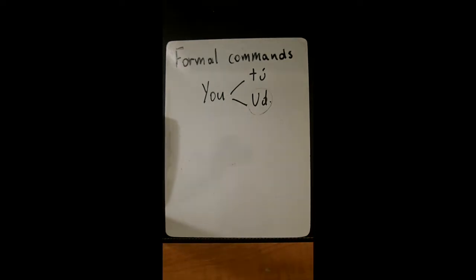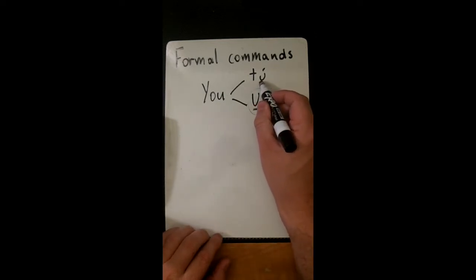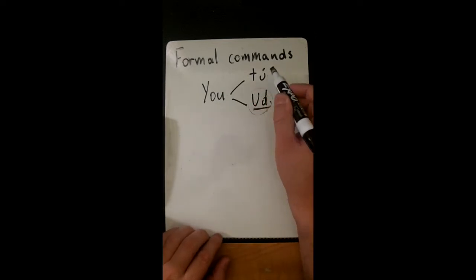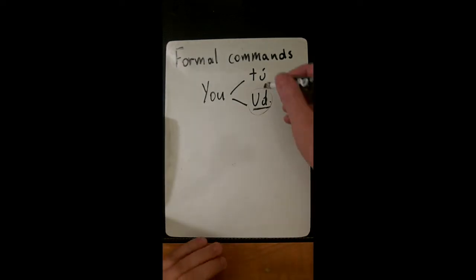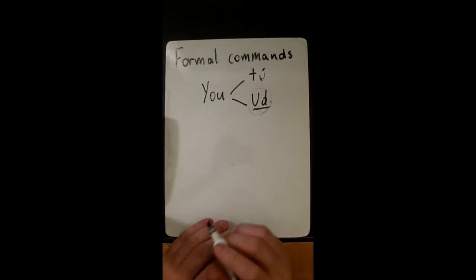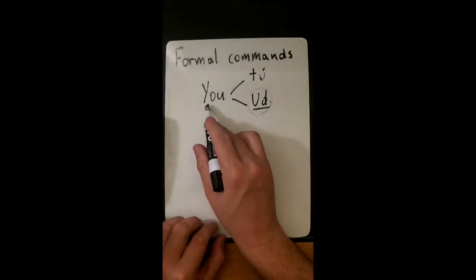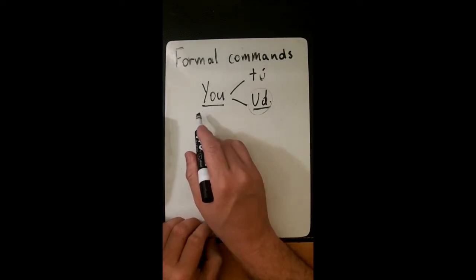Now, something important is that for the tú, we don't do the plural, because the plural of the tú tends to be the vosotros, and as you know, we don't do the vosotros, and in Latin America, people don't use the vosotros. Now with the "you", as you know, "you" in English can be used for singular or plural.